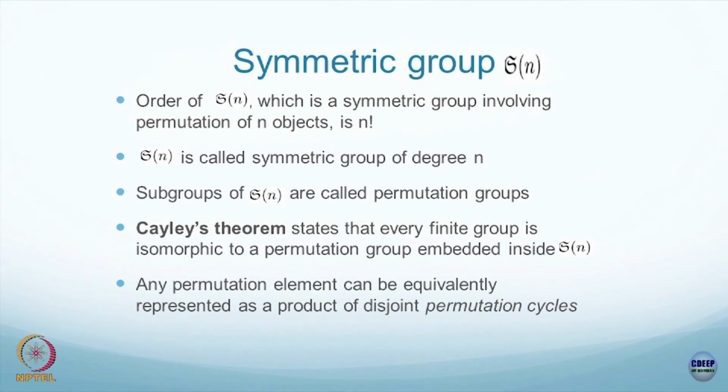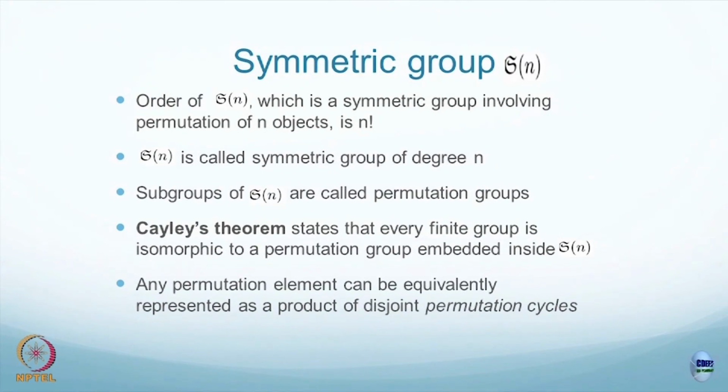The symmetric group itself is also called a permutation group. Identity element is a trivial subgroup, the total group is also a trivial subgroup, and non-trivial subgroups will also be some kind of permutation group.